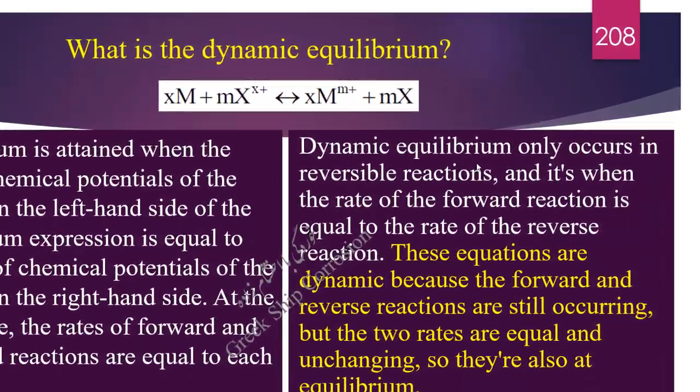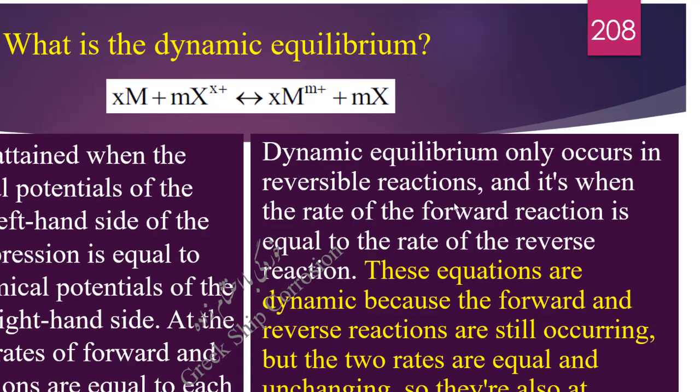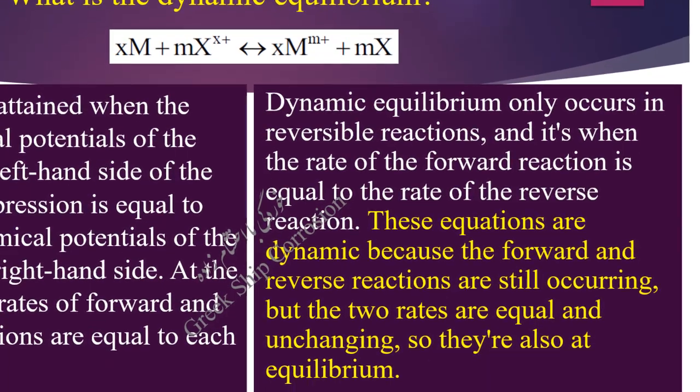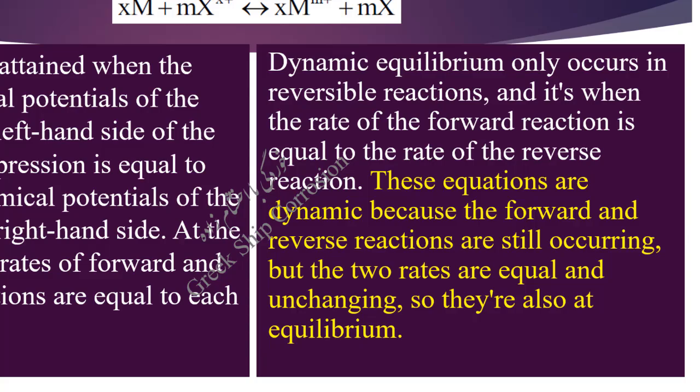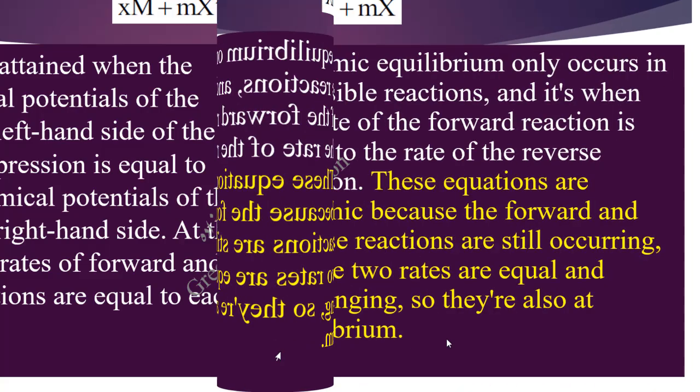Dynamic equilibrium only occurs in reversible reactions, and it's when the rate of the forward reaction is equal to the rate of the reverse reaction. These equations are dynamic because the forward and reverse reactions are still occurring, but the two rates are equal and unchanging, so they're also at equilibrium.